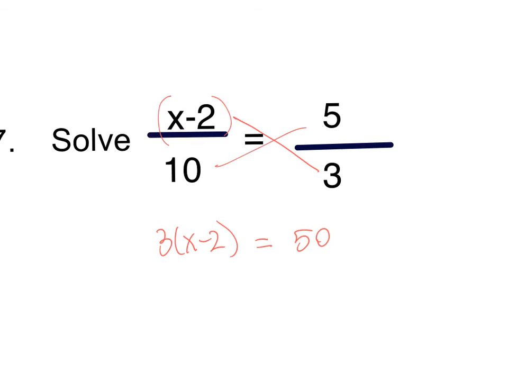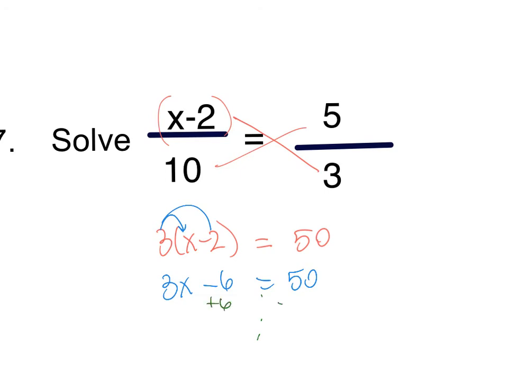You can either distribute first and then divide, or you can look at it and ask yourself, well, if the entire x minus 2 is being multiplied by 3 and I'm trying to get x by itself, theoretically, I could divide everything by 3. Now, that doesn't divide equally, so you can go ahead, hopefully, think beyond where you're going, and just distribute for now, because that is the way that you guys have been used to it.